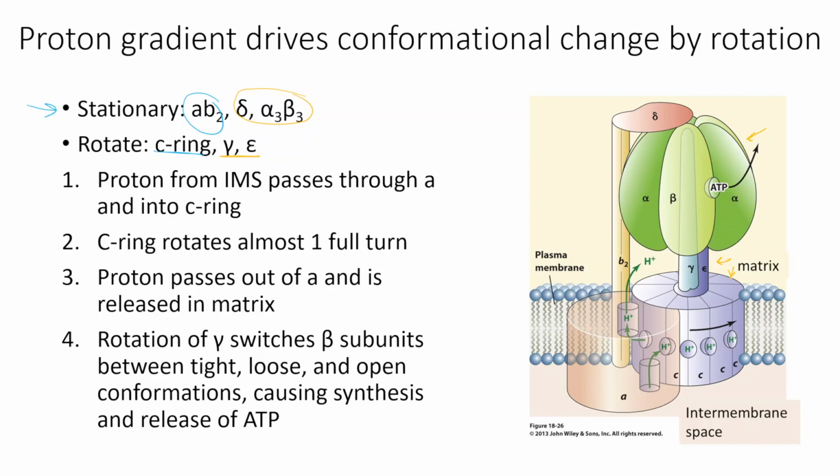So let's look at what is actually happening to generate ATP now. As we recall, there are a whole bunch of protons that have been pumped into the intermembrane space. So one proton at a time from the intermembrane space is going to pass into the C ring through the A subunit. There's a space here. And one proton can enter each one C subunit.